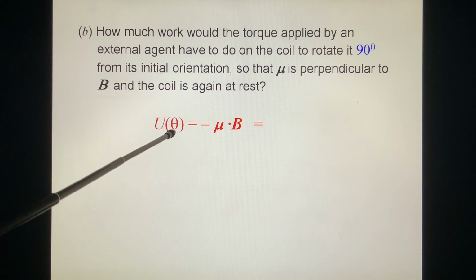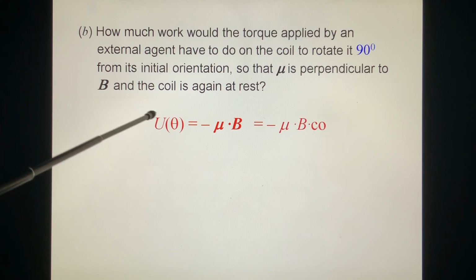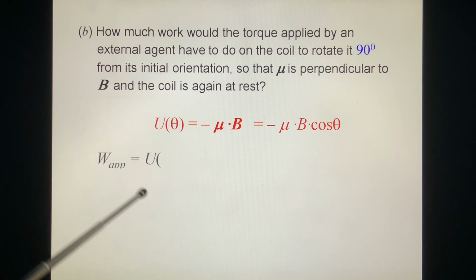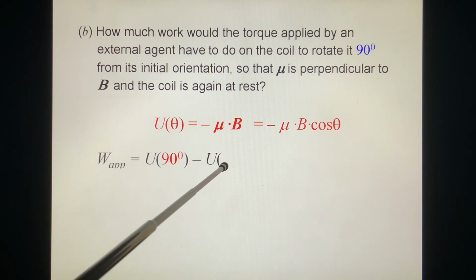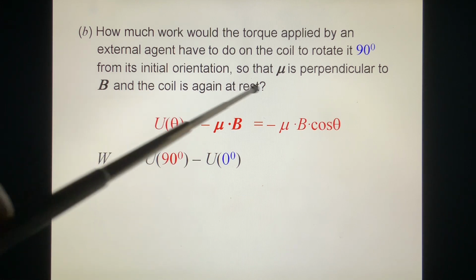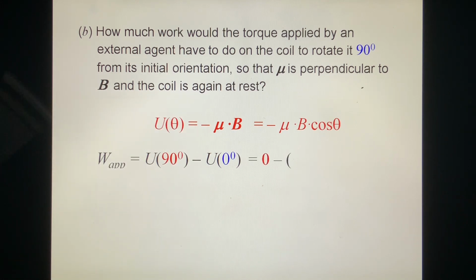So U of theta is minus mu dot B, and the work applied should be the 90 degree value minus the 0 degree value. Remember, in this case, no kinetic energy. So we put this in, and we get mu B.